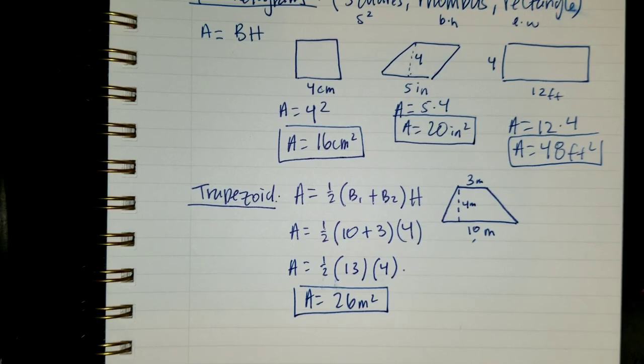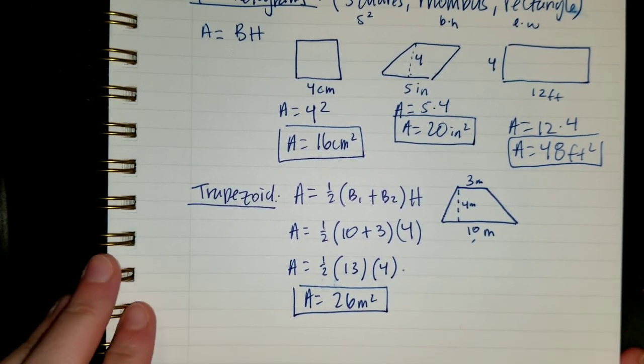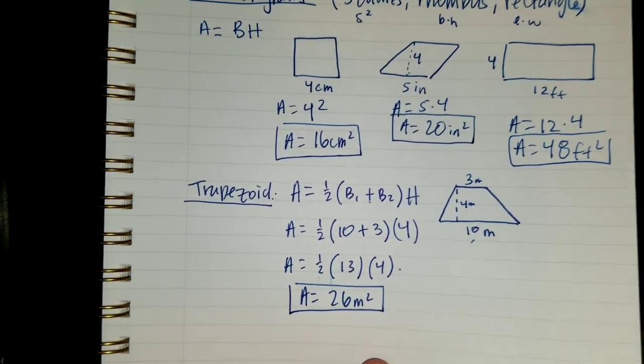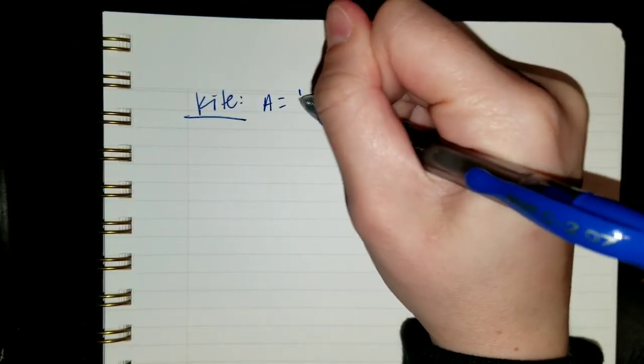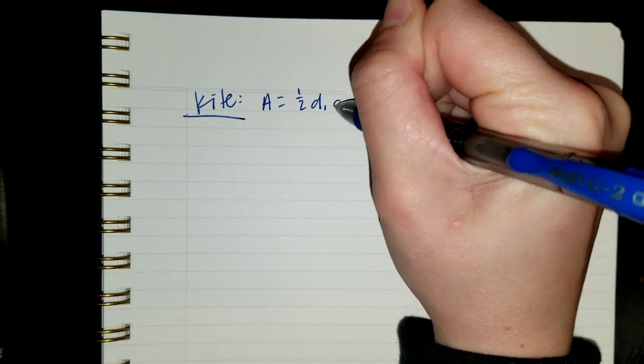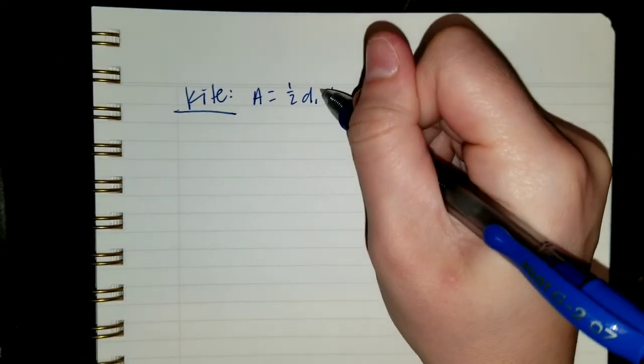So we have triangles, parallelograms, trapezoids. We still have kites and circles. I'm going to flip the page. All right, a kite, the area is 1/2 diagonal 1 times diagonal 2.